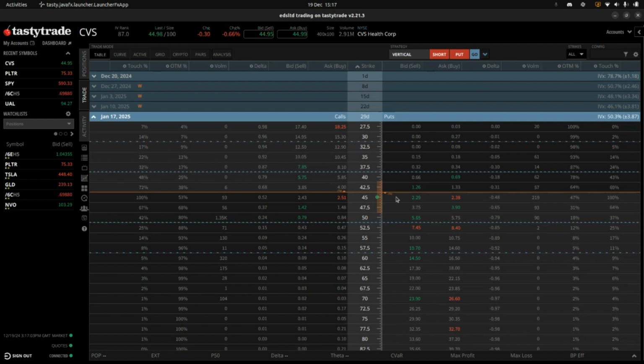Now, one thing with options is we can set our own terms on entry, which is a very, very powerful thing. And I'm going to show you how to do that. So we want to have a high probability of success. Anything with more than 50% probability of success is considered high. But we want to be anywhere between 60 and 90%.